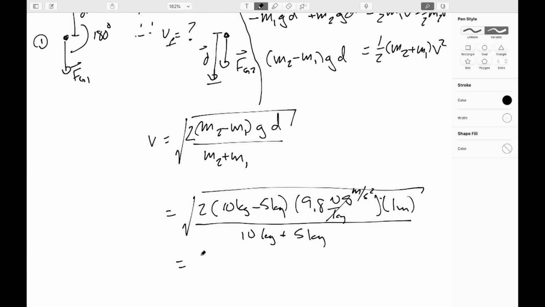Alrighty then, when you punch that through on your calculator, you'll get 2.56 meters per second.